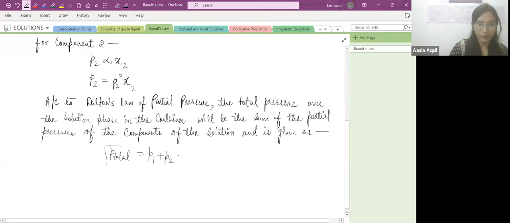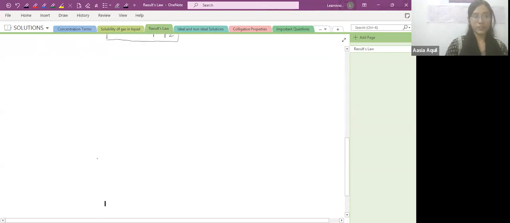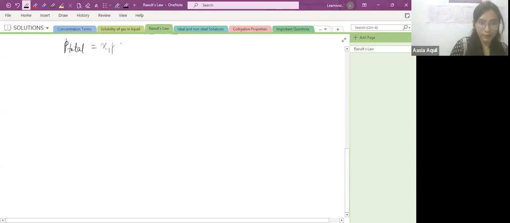Now substitute the value of P1 and P2 here. P total equals X1 P1 naught plus X2 P2 naught. Got it? As I told you, in a binary mixture, X1 plus X2 is equal to 1, right? So you can write X1 equals 1 minus X2.